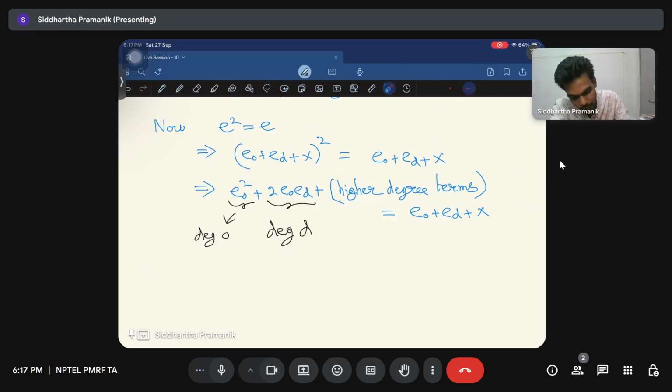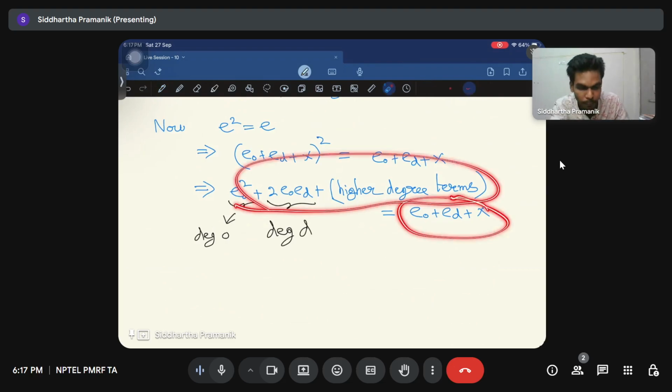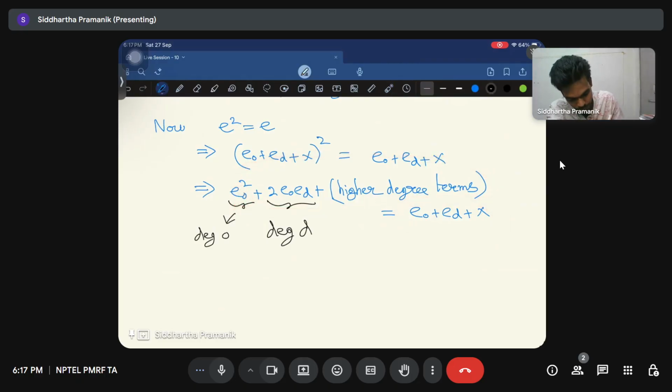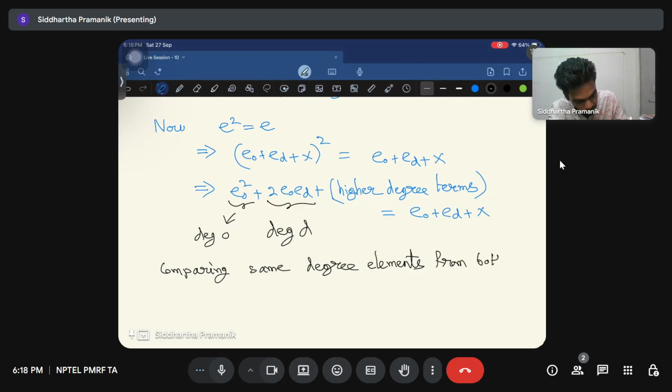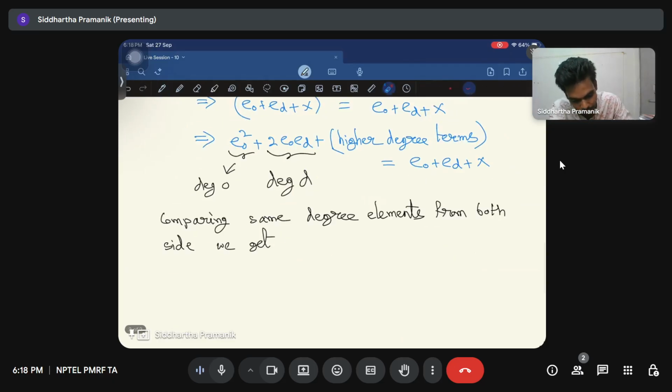So now from both sides we can compare the same degree terms. If we compare the same degree terms, what will we get? The degree 0 term on the left will be the same as the degree 0 term on the right hand side.